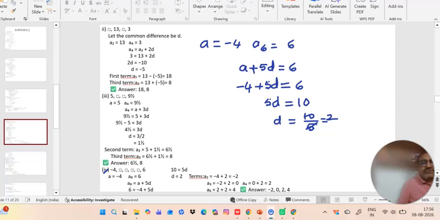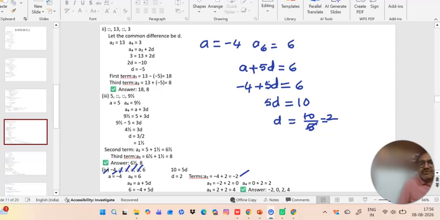So we should find out the second, third, fourth and fifth terms. Simply minus 4 plus 2. This first term, minus 4, if we add 2, minus 4 plus 2, that is minus 2, is the second term. And minus 2 plus 2, why?